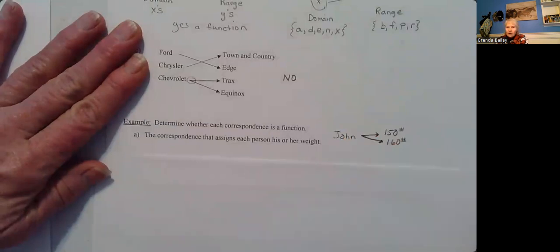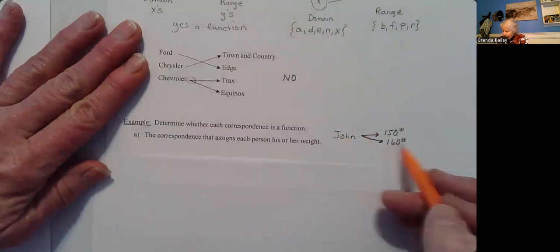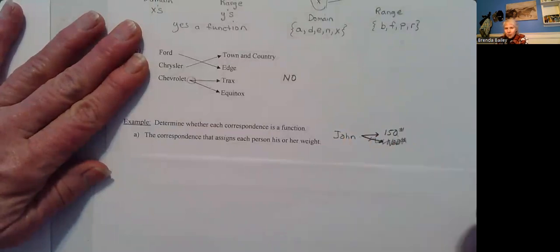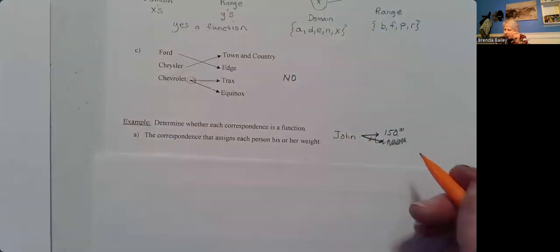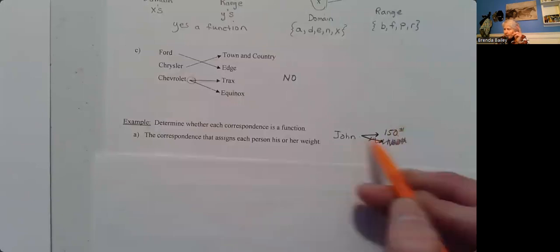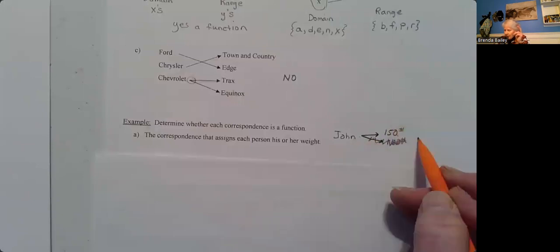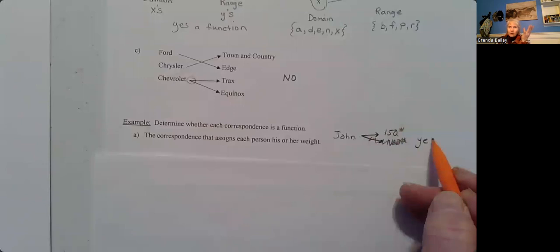No, you can't. John weighs just 150. He can't do this. So each person only has one weight, all right, that day at that instant. So because each person has only one weight, the answer is yes.